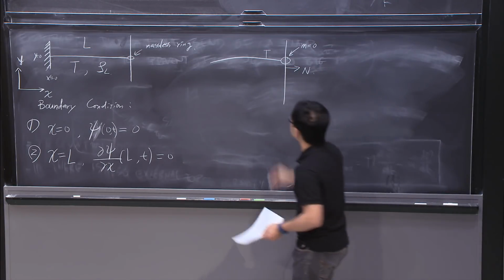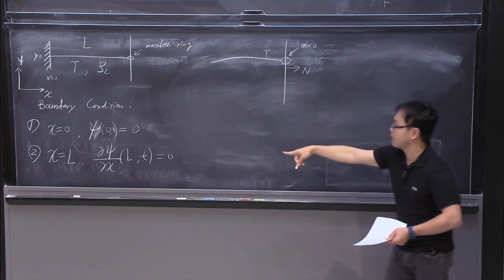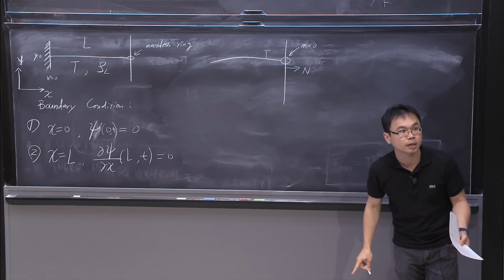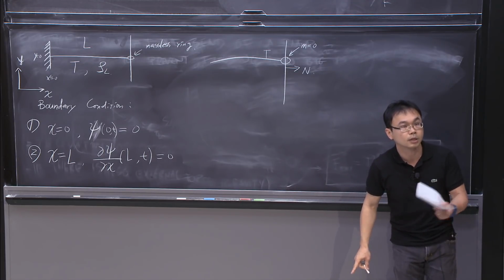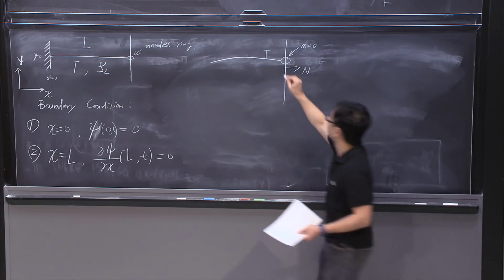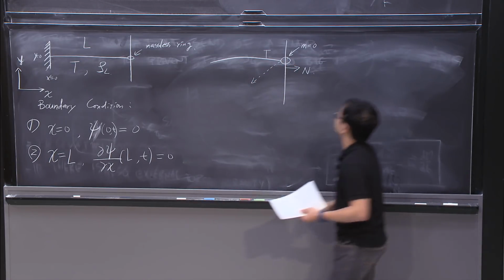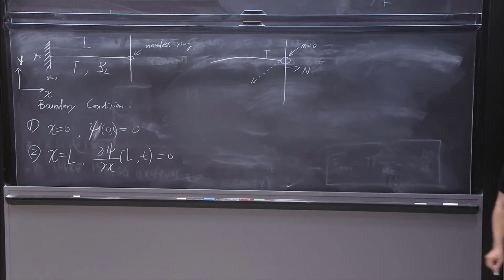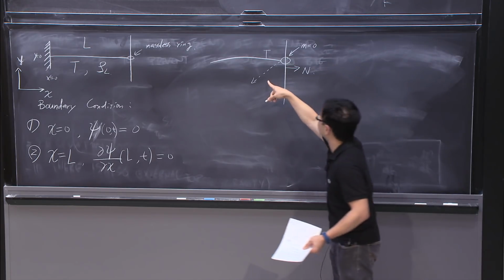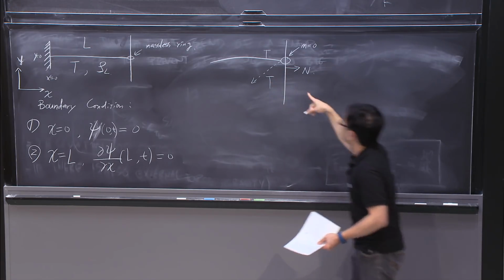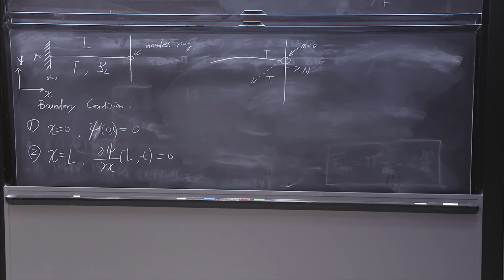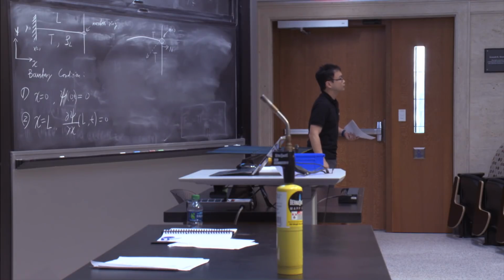Suppose that this partial psi, partial x, the slope, is not 0. If the slope is not 0, that means the string may be pulling this ring in some direction. What is going to happen? It is clear that the normal force cannot balance the string force, right?